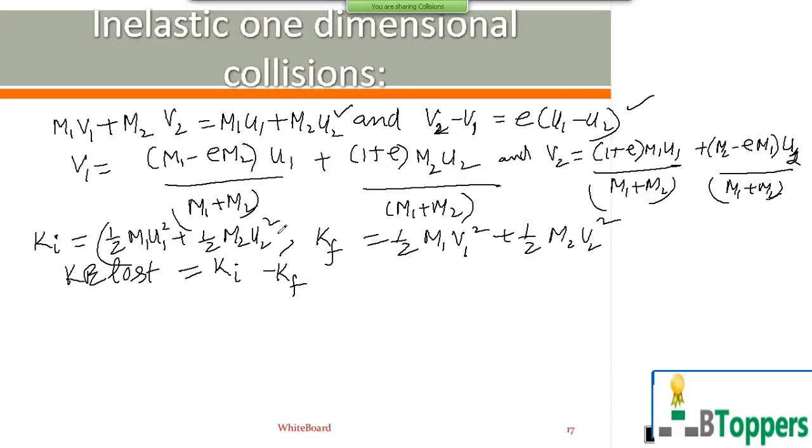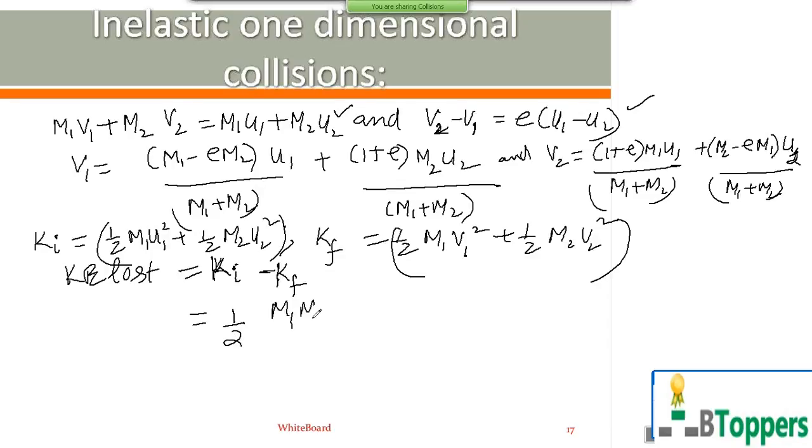If you substitute these values of Ki and Kf, and express V1 and V2 in terms of U1 and U2 and do the simplification, it is very lengthy. Only to give you the idea, I'm discussing the procedure. This part of the calculation is not included in board examinations, but we discuss it keeping entrance examinations in mind.